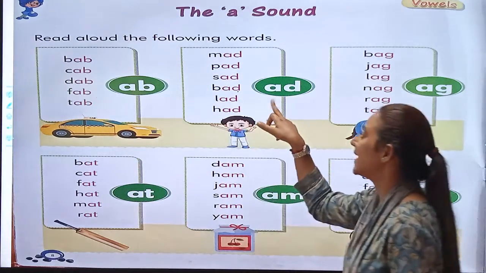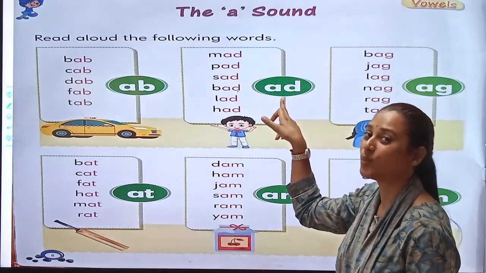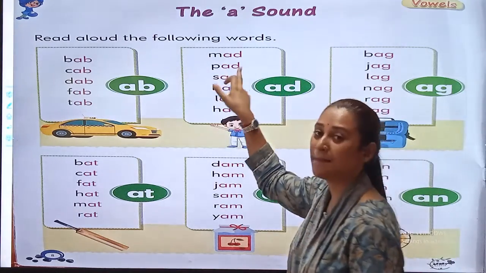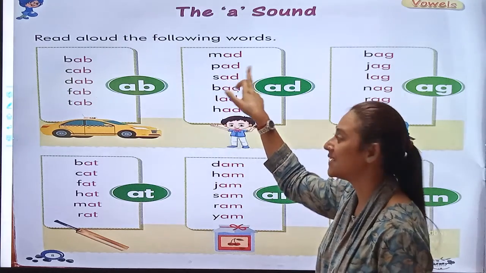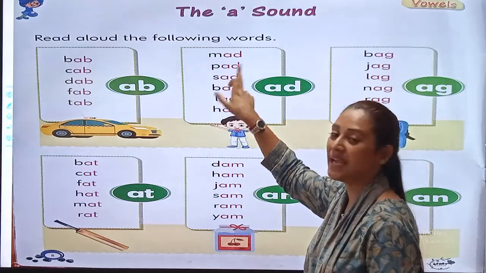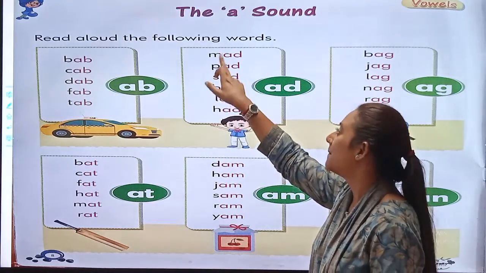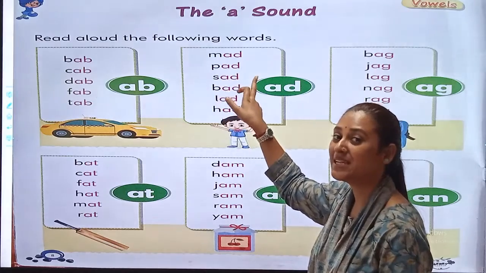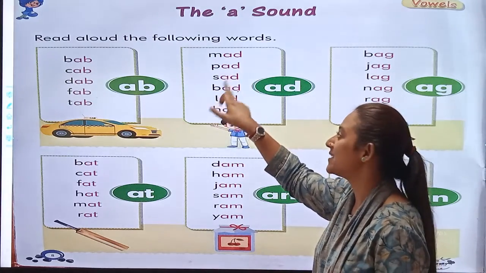Next one is A-D, add. What is this? A-D, add. So M-A-D, mad. M-A-D, mad. P-A-D, pad. P-A-D, pad. S-A-D, sad.